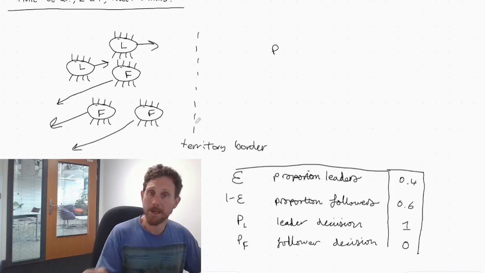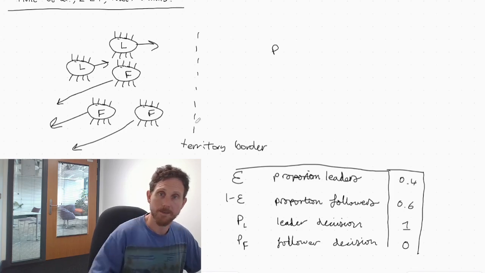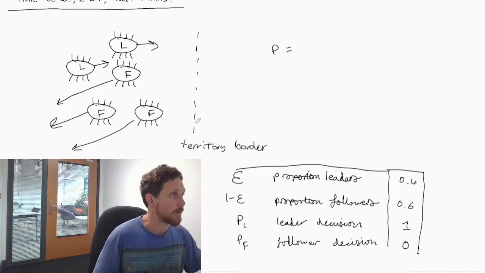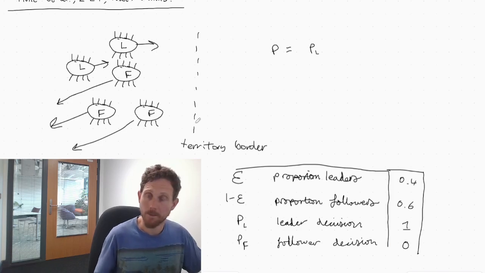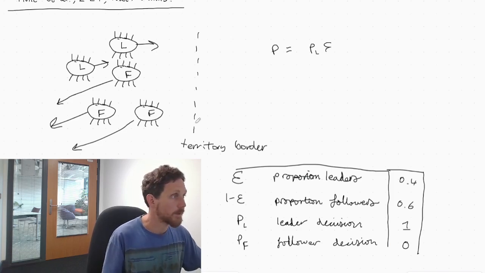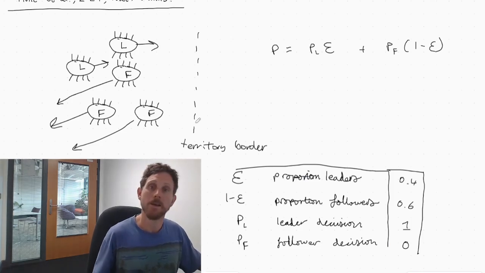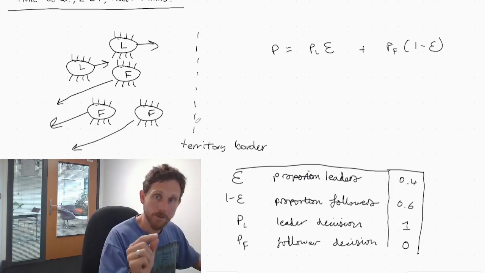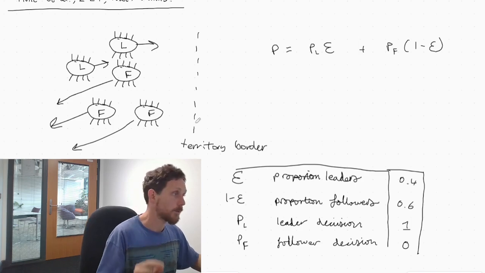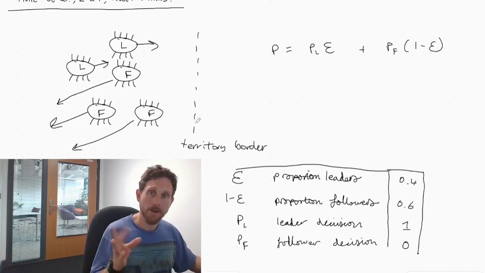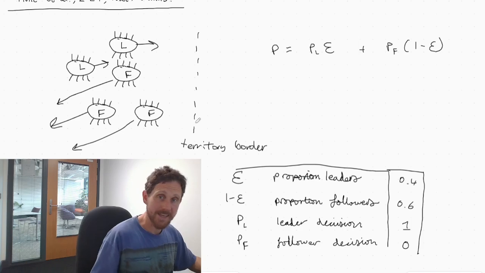What the group eventually plays, the collective decision, is P, and our assumption is that this is a function of what the leaders want multiplied by the leaders' strength in numbers plus what the followers want multiplied by the followers' strength in numbers. But crucially, the followers might or might not have as much of a say as the leader class.